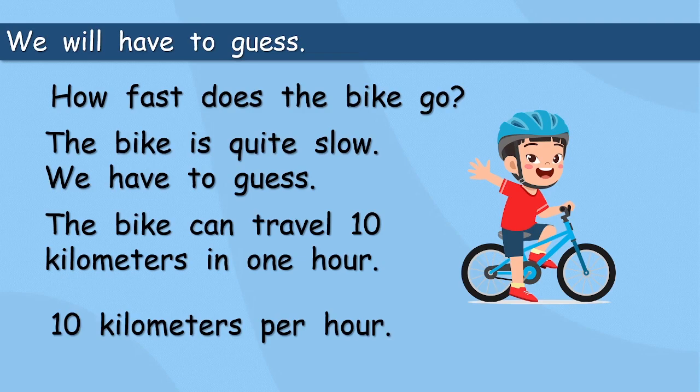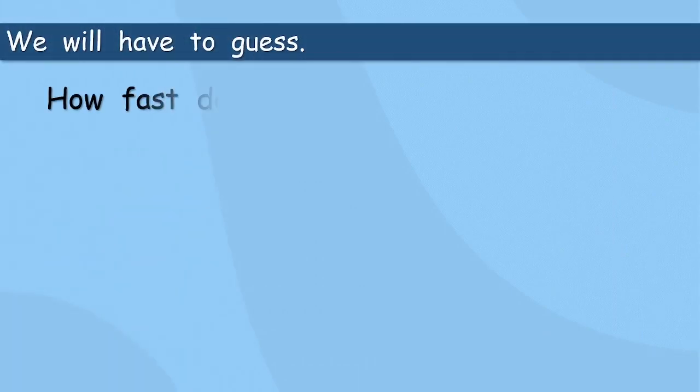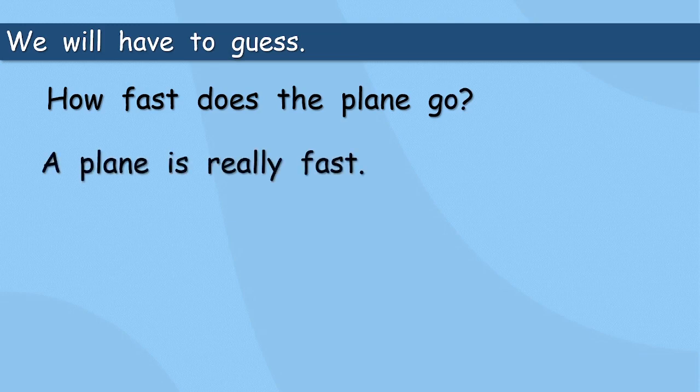Now that we know how fast the bike can go, what about guessing the others? How fast does the plane go? Wow, that's very fast. A plane is really fast.